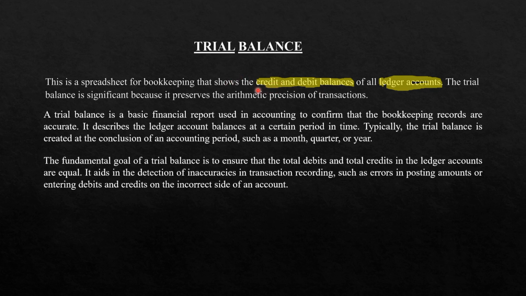Whatever balance will be on the credit side must be equal to the balance on the debit side. The trial balance is a basic financial report used in accounting to confirm that the bookkeeping records are accurate.